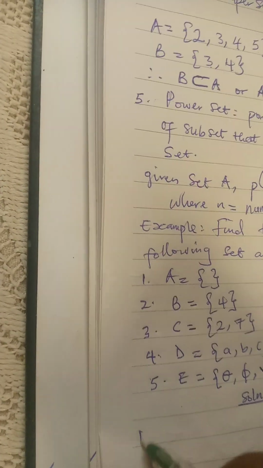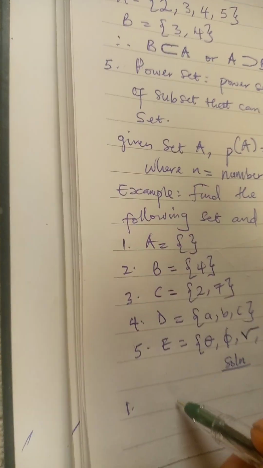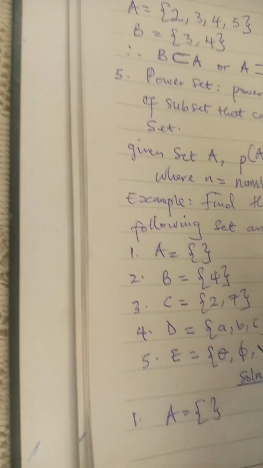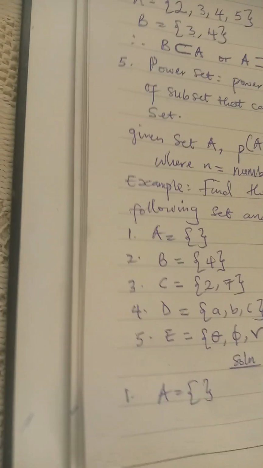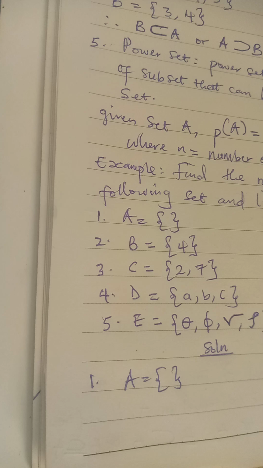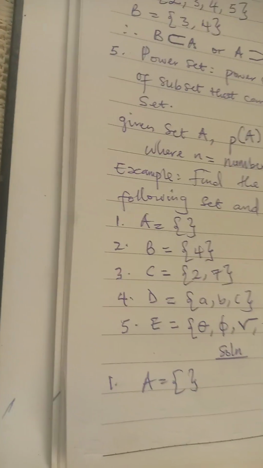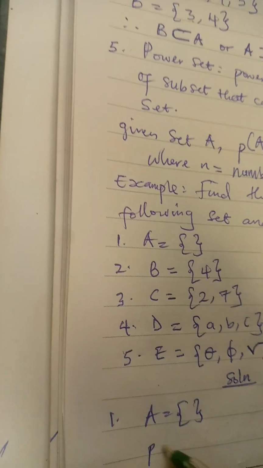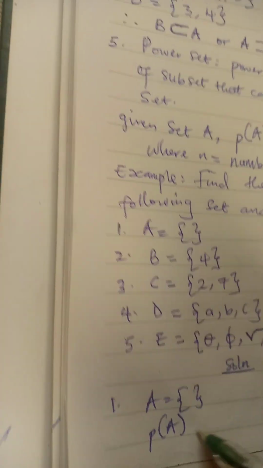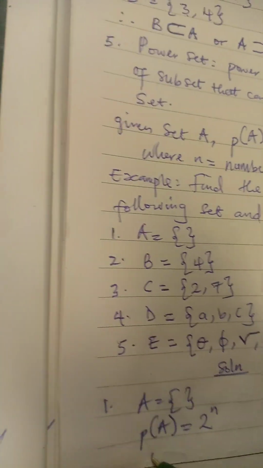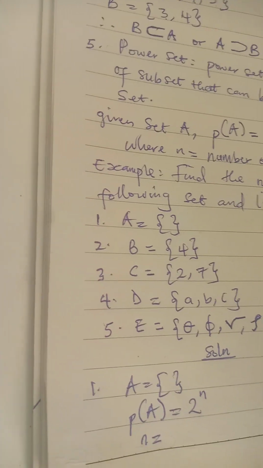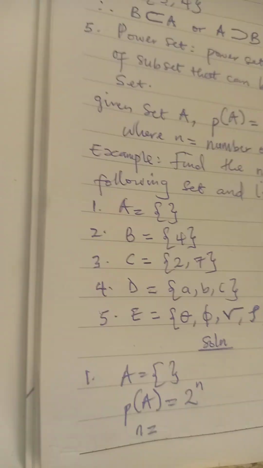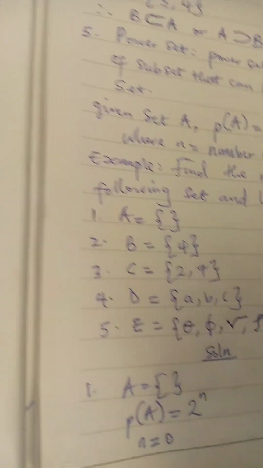Okay, so number 1, to find the number of subsets of A, remember that the power set is to find the number of subsets of a given set. So power set of A equals 2 raised to power n, and we know that n is the number of elements. We don't have any element in this set because it is an empty set, so the number of elements is equal 0.